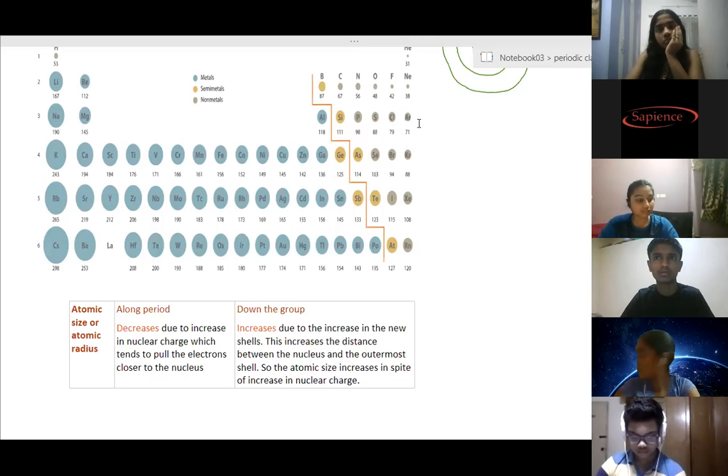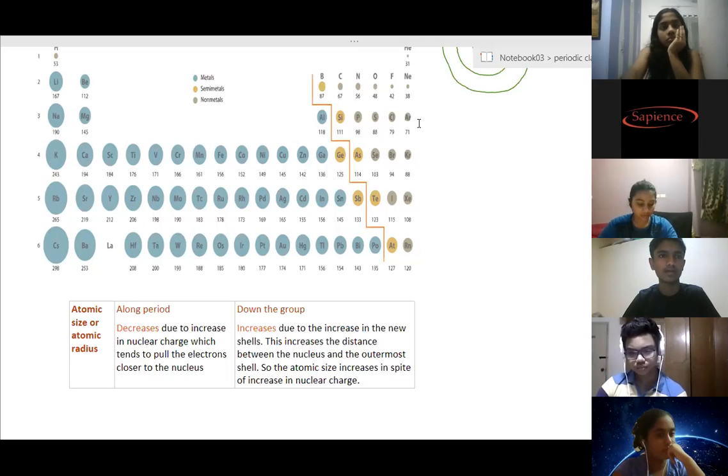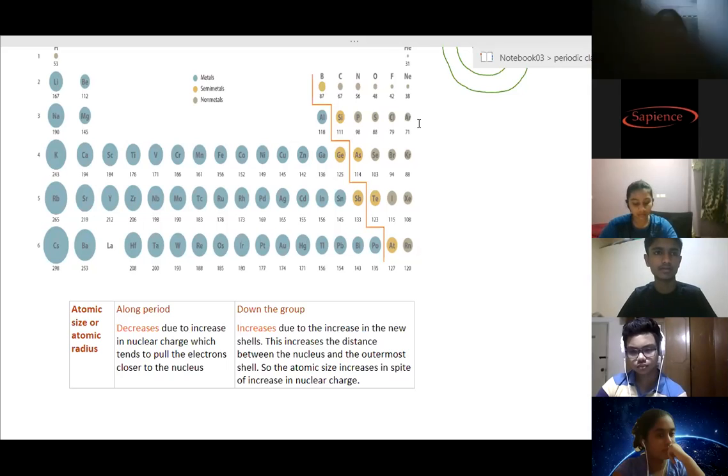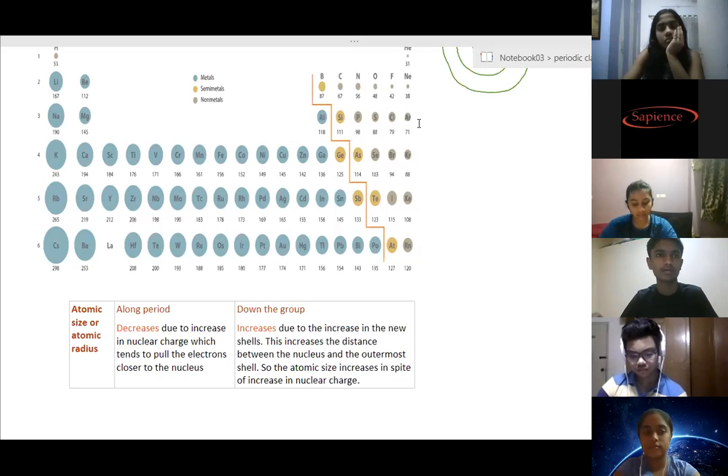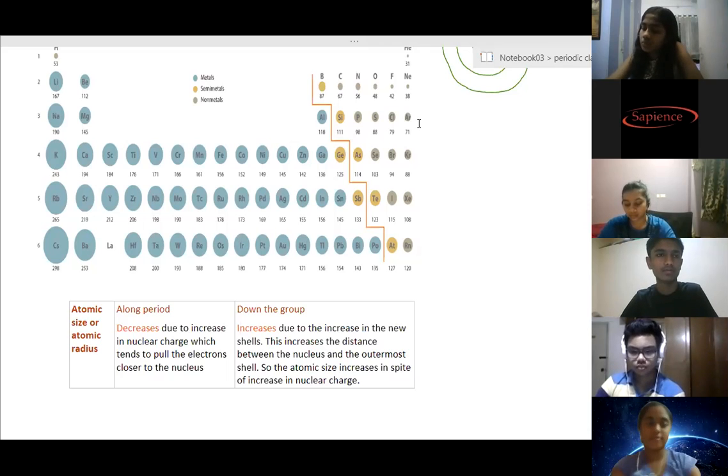Nishant, what is the trend seen in valency as we move along the period? Ma'am, it first increases and then it decreases. First, increases from where to where? From the first group, valency increases from 1 to 4, ma'am.